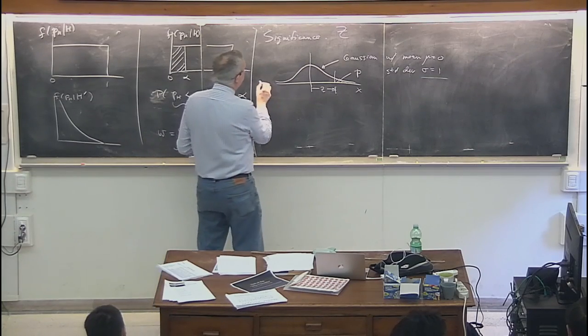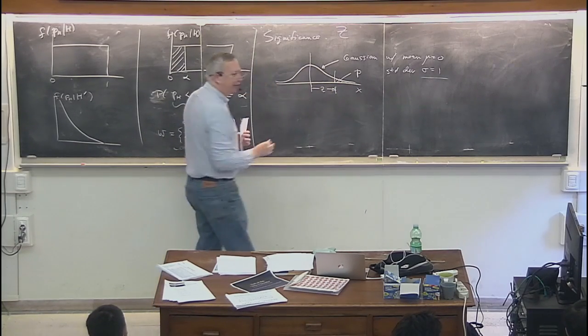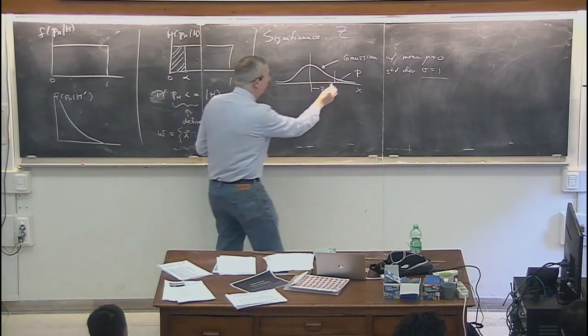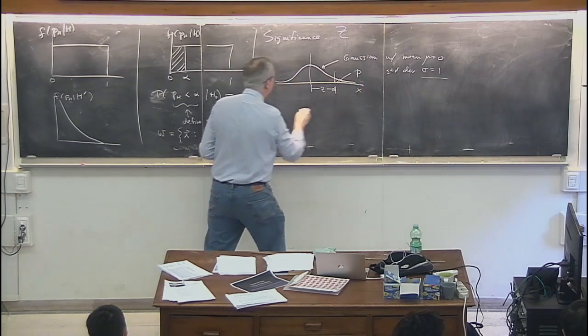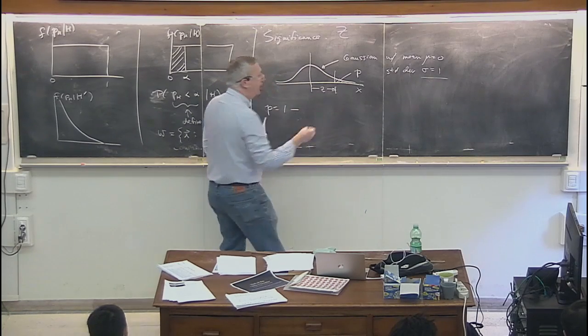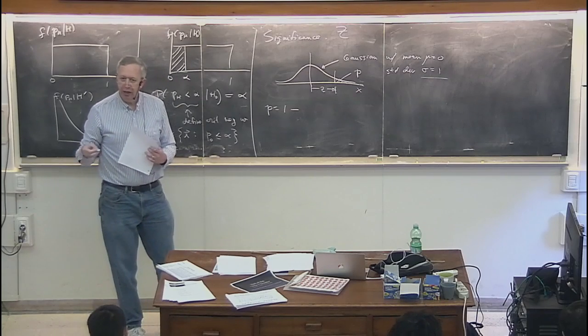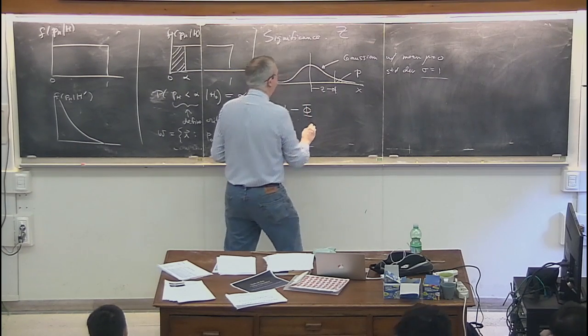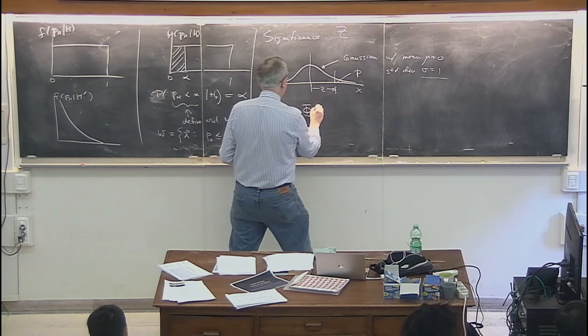The integral from minus infinity up to here is the cumulative distribution of the Gaussian. So the p-value has to be 1 minus the cumulative distribution. The p-value is 1 minus phi, where capital phi is the usual notation for the cumulative distribution of a standard Gaussian.